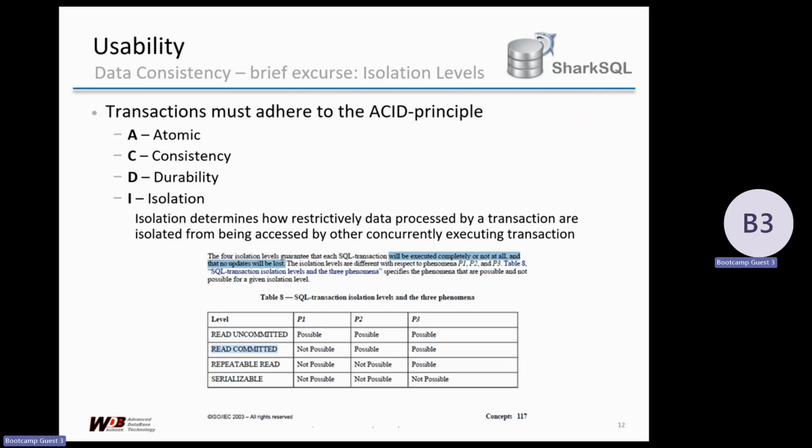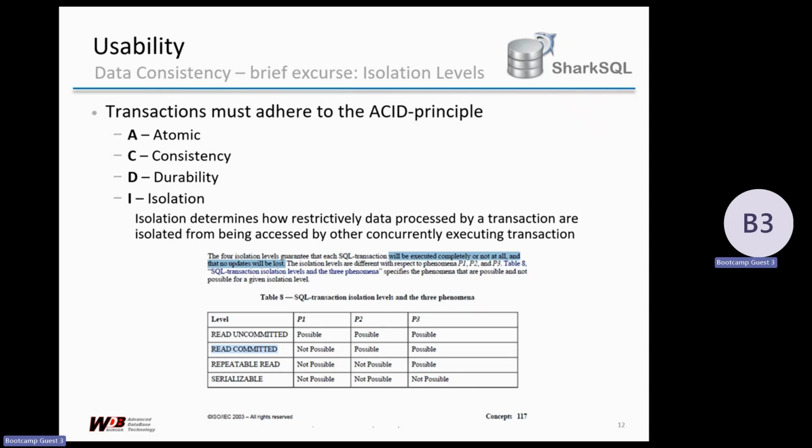Since SharkSQL is a relational database, all relational databases must, according to the SQL standard, adhere to the ACID principle. ACID means atomicity, consistency, durability, and isolation. Atomic just means it's transaction oriented. That means everything that has changed within a transaction is an all or nothing principle.